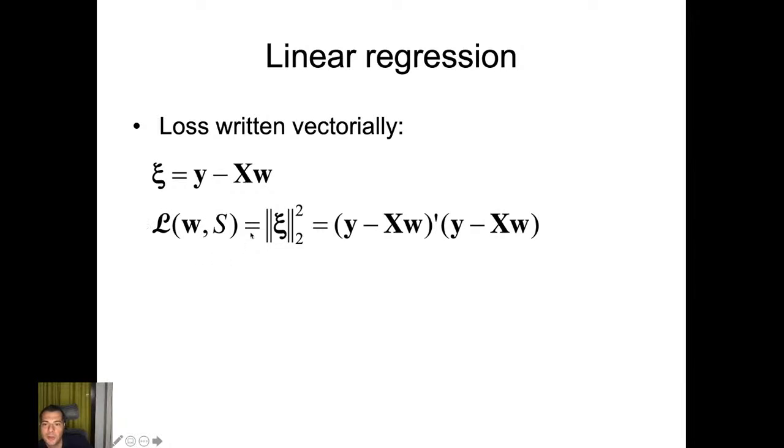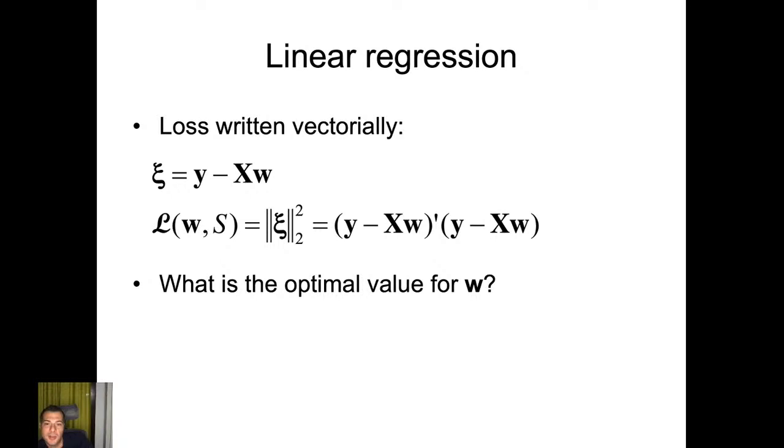So then the loss can also be written as the norm of this vector epsilon, and it can also be written like this. So it's this vector epsilon transpose times the vector epsilon non-transposed.